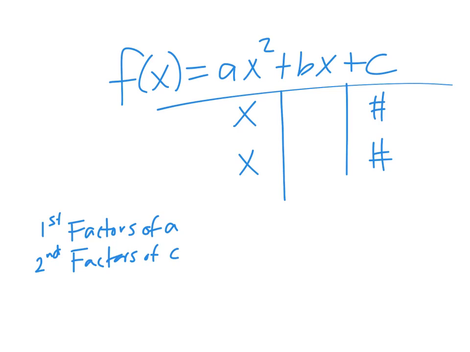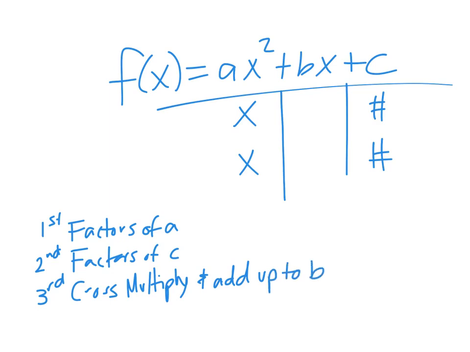Then you want to cross multiply and check, does it add up to b? So when you cross multiply, you want to make sure that it adds up to b.